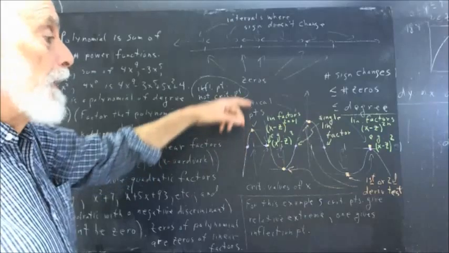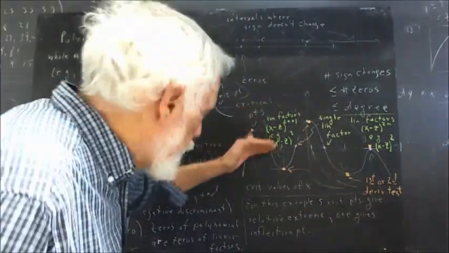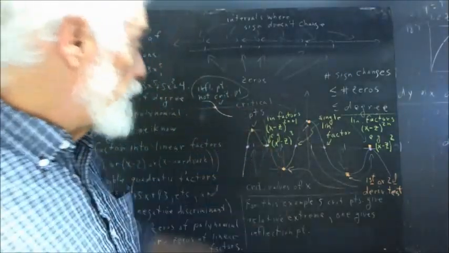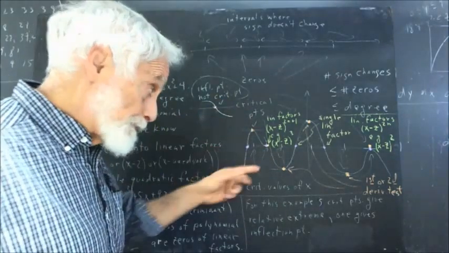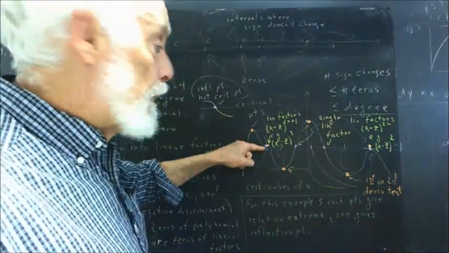Now, in the case of a zero where you have a critical point and also an inflection point, then you're going to go on through that zero, but you're going to level off before you do.